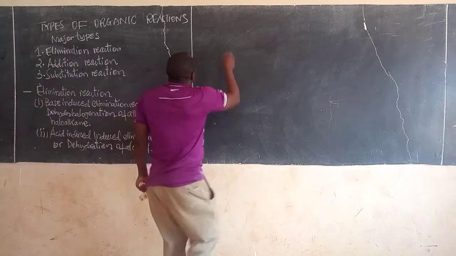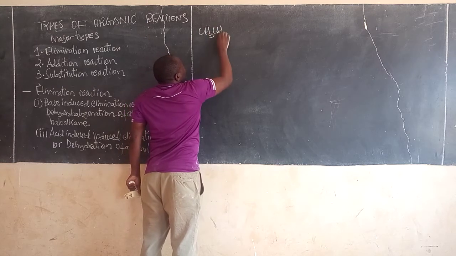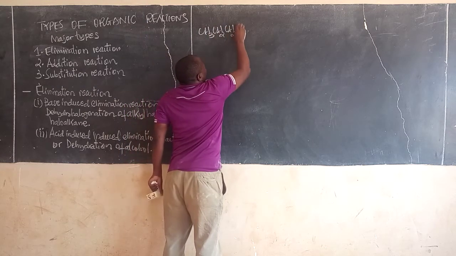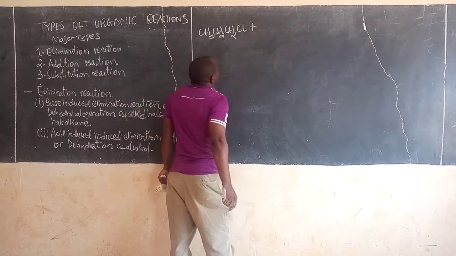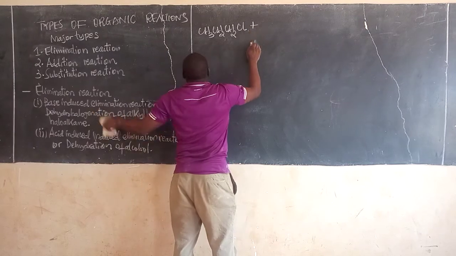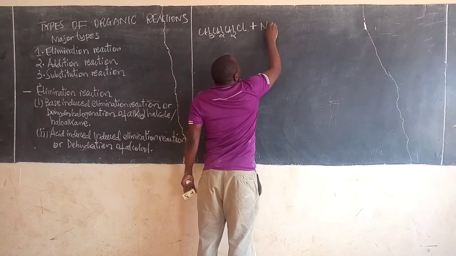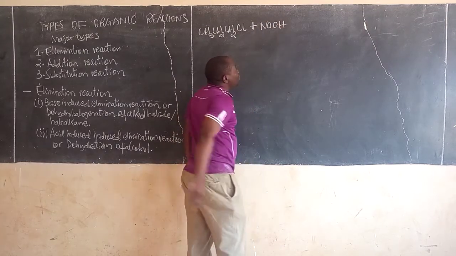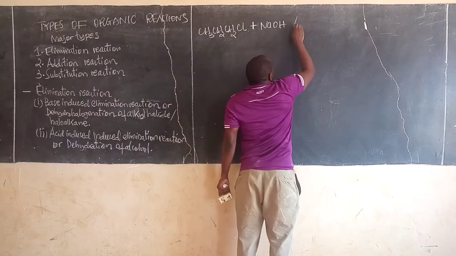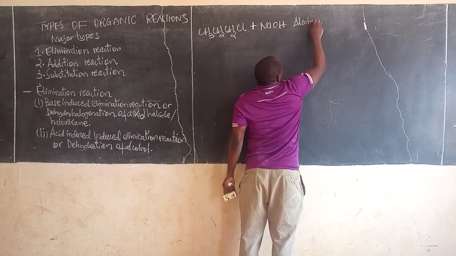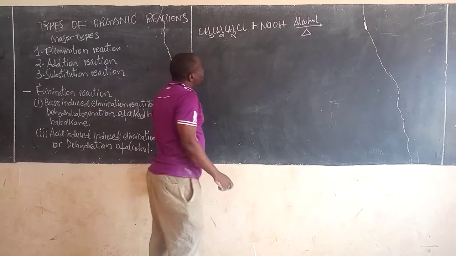Let's now look at this alkyl halide. We call this a base-induced elimination reaction because this alkyl halide is going to react with a concentrated base, sodium hydroxide, with alcohol as the catalyst, heated.